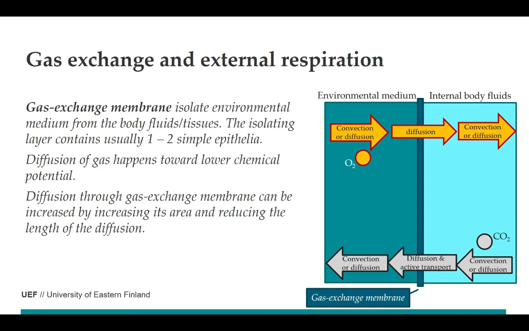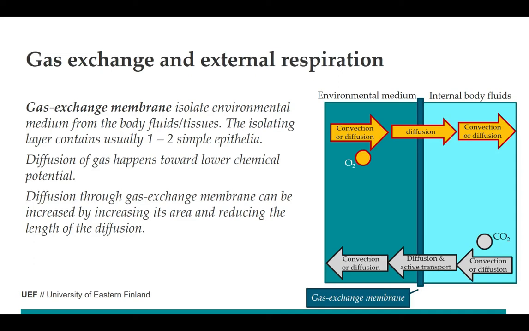And you can boost it by increasing this area. If there is a larger area of this gas exchange membrane, then there is more space that can be used for diffusion.